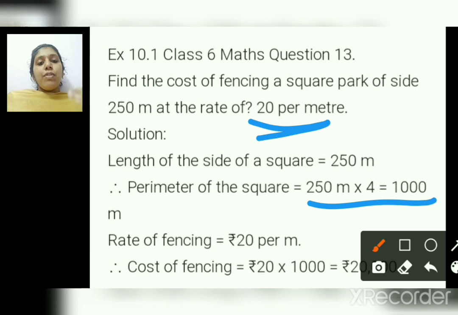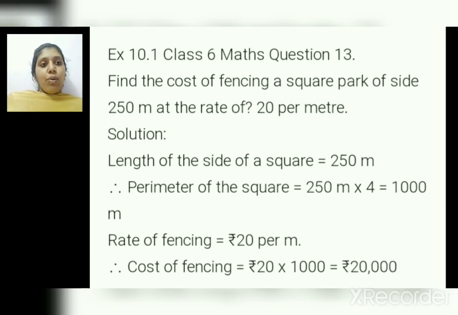So we have to multiply 20 and 1000. 2 into 1 is 2.